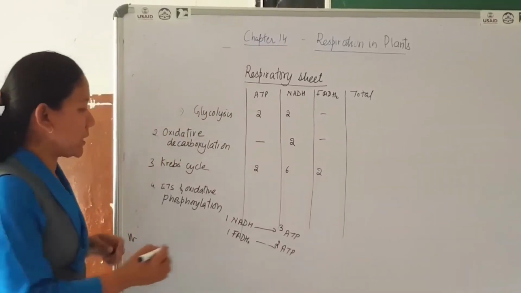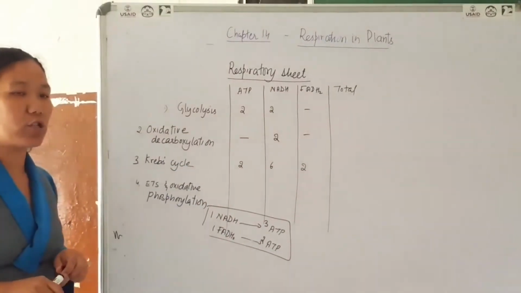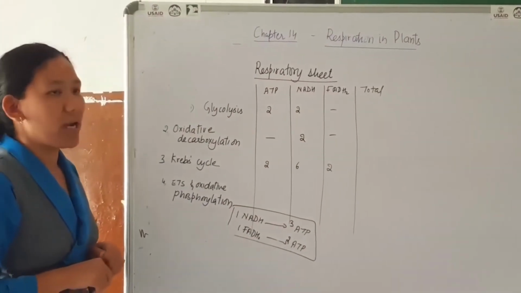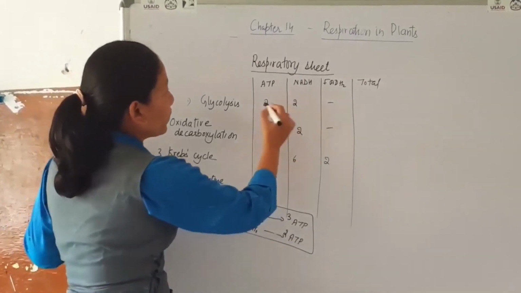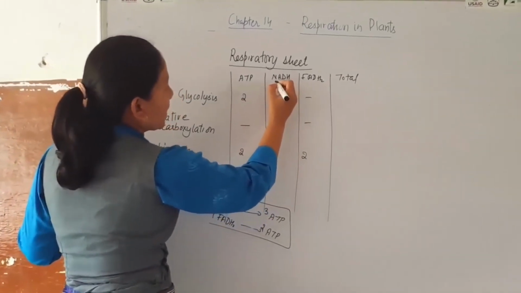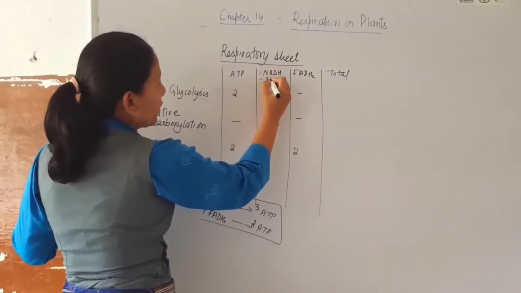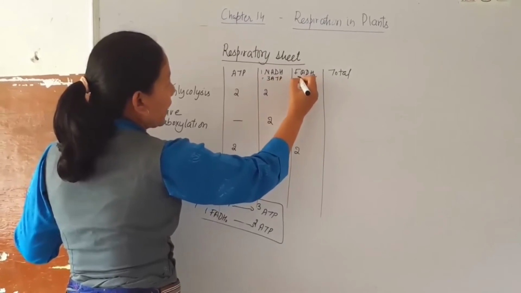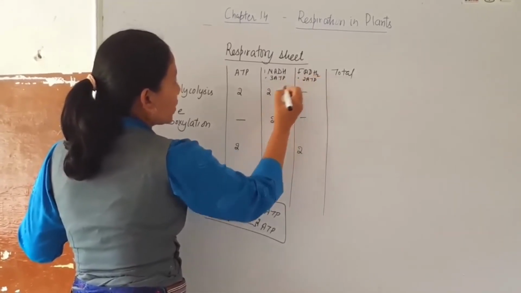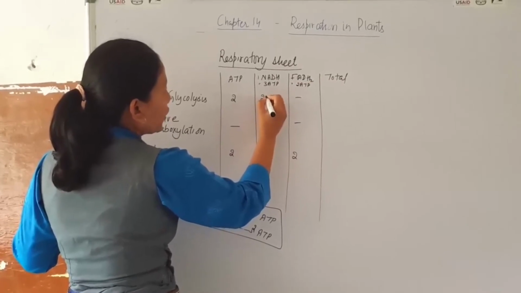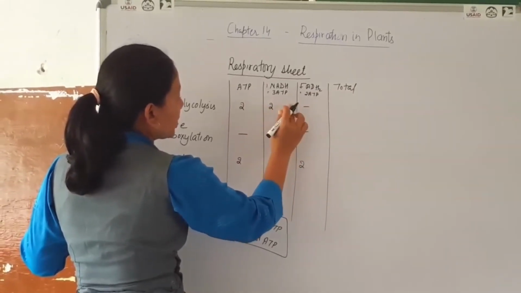So based on this knowledge, let us convert this and look at the total amount of ATP synthesized for each glucose. So as we have discussed, 1 NADH equals 3 ATP and 1 FADH2 equals 2 ATP. So here we will have 3 ATPs.